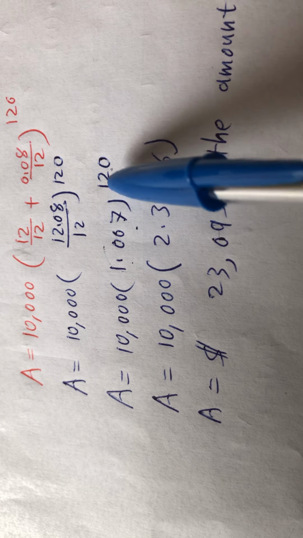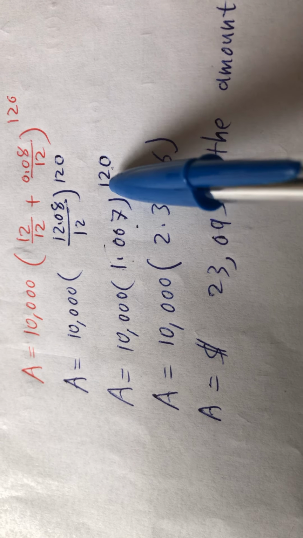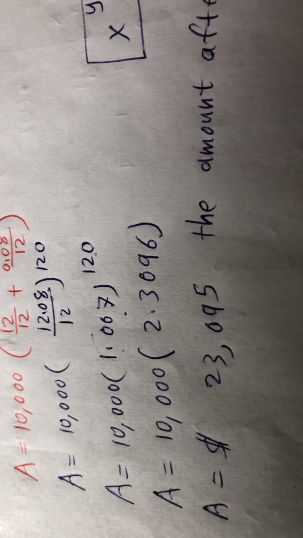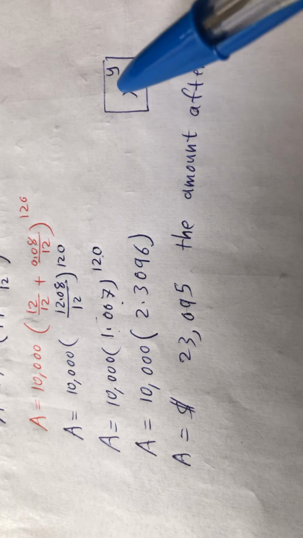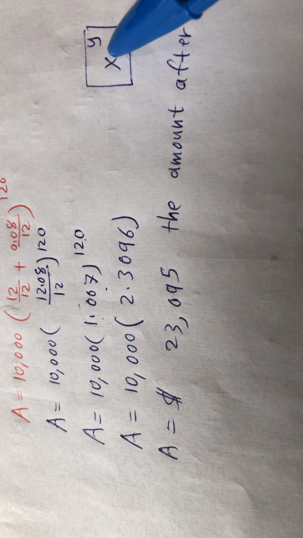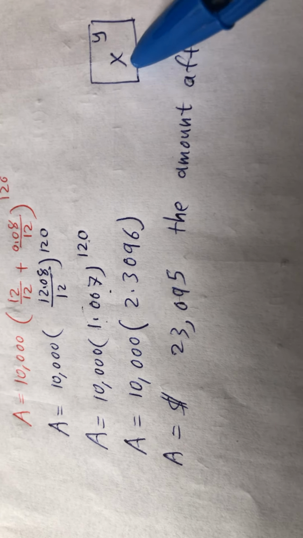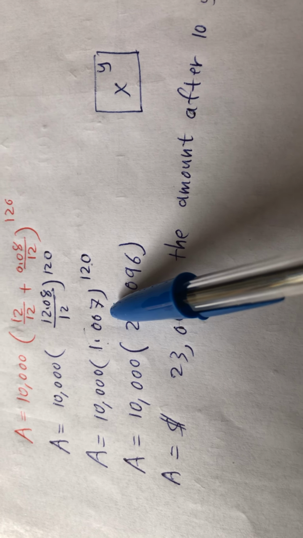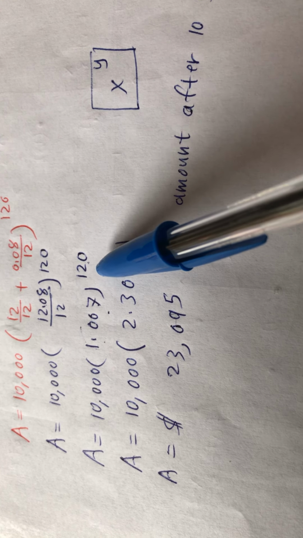To calculate this number, use the calculator and use this key, x to the power y. X here is 1.007 and y is 120.